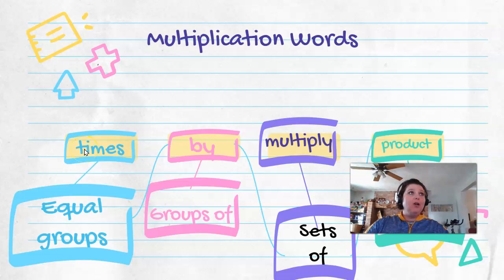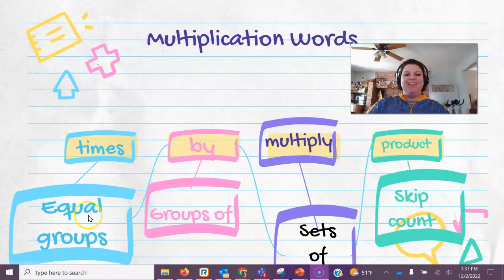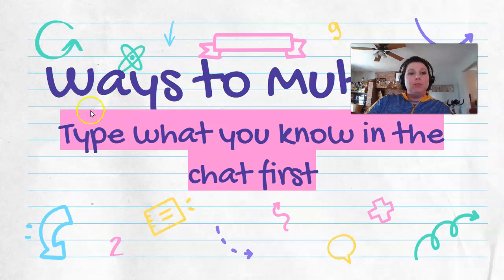You might hear multiply 8 by 5. I just said the word multiply. You may hear the words equal groups, groups of, sets of, skip count, and product, which is the answer to a multiplication.